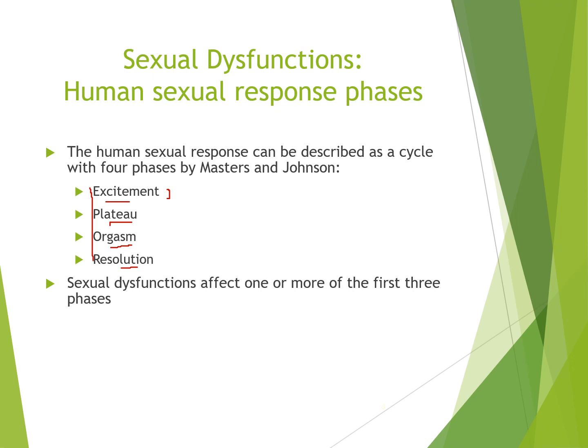And the second stage is the plateau. In the plateau, excitement does not just keep going on and on. It reaches a plateau, meaning arousal reaches a high but stable level.